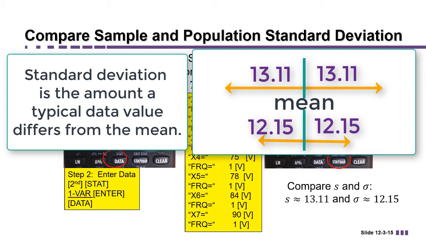We can guarantee that the data is a little bit closer to the average. We can say that the typical amount that a piece of data differs from the mean would be a little less, like 12.15 in this case. So your sample standard deviation is going to be a little bit bigger to allow more room for error.